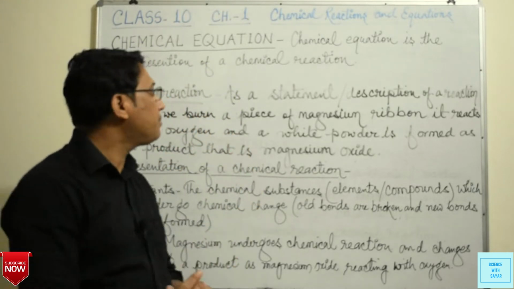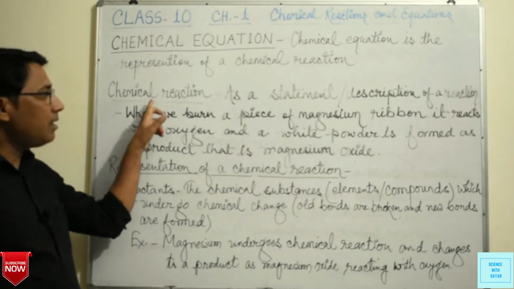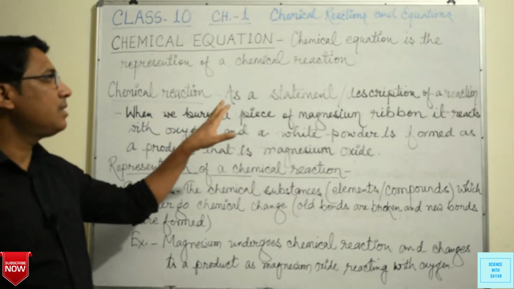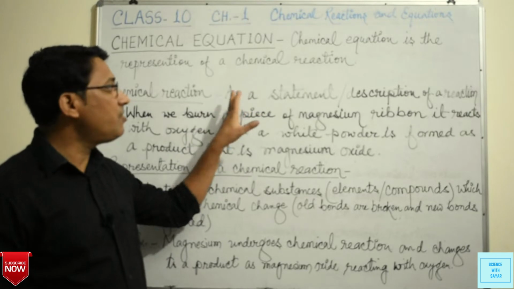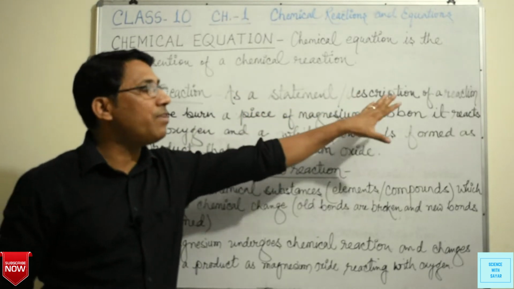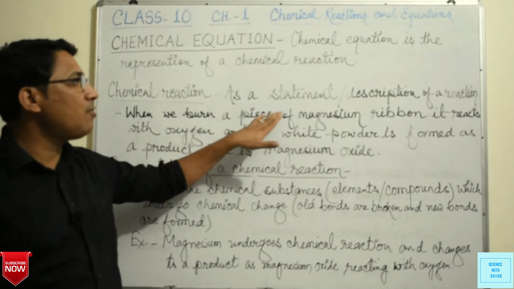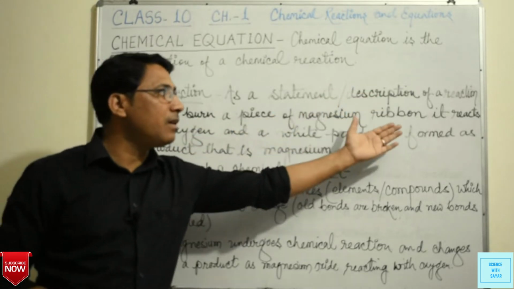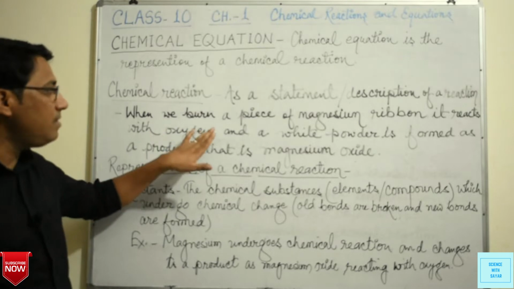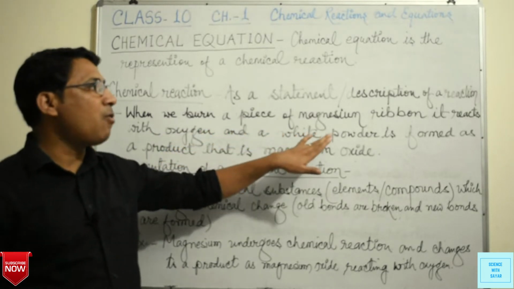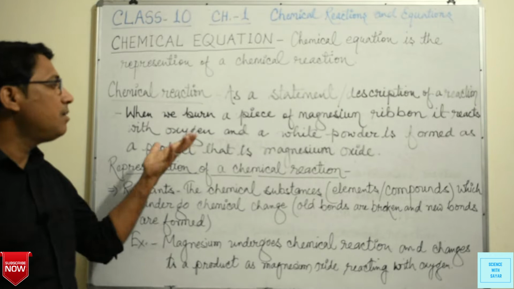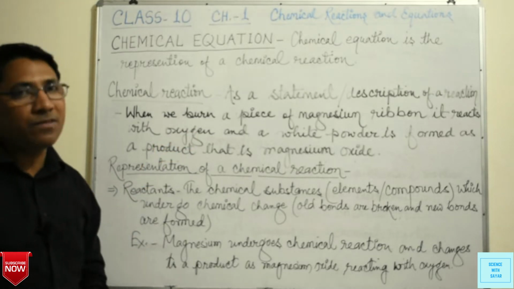For example, a chemical reaction as a statement description of a reaction. For example, when we burn a piece of magnesium ribbon or magnesium metal, it reacts with oxygen and a white powder is formed as a product, that is magnesium oxide.